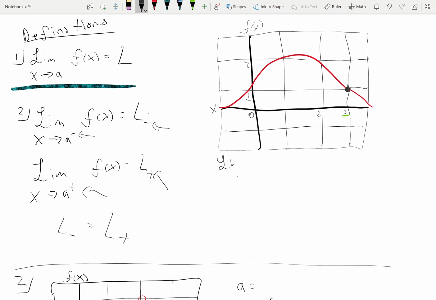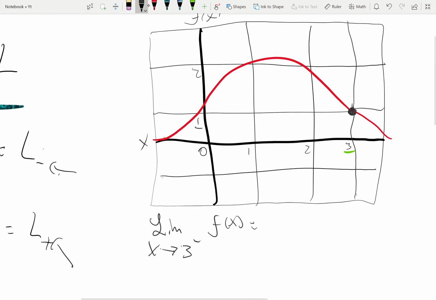So if we take the limit as x approaches 3 from the left of f of x, as we travel along here from the left, it doesn't have to necessarily be the whole thing, it's just from the left.